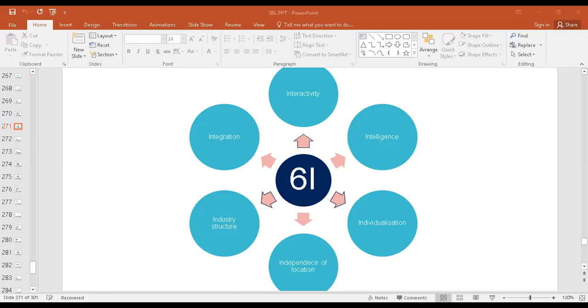Then after that we have the intelligence. Intelligence is the ability to understand the requirement of the customer and cater to the customer accordingly. When some information is gathered from them about what they are looking at, they understand how they can be served.